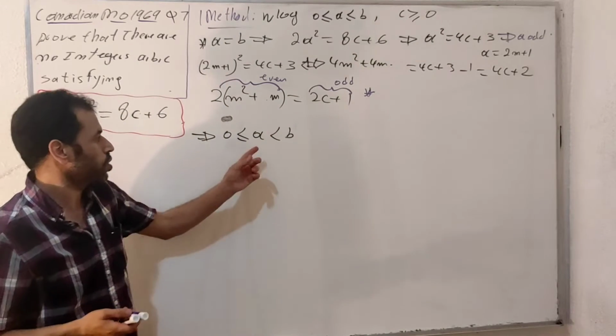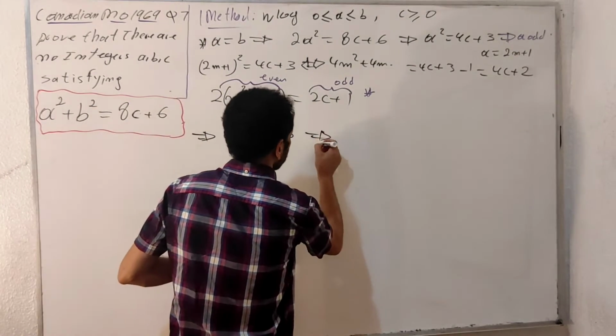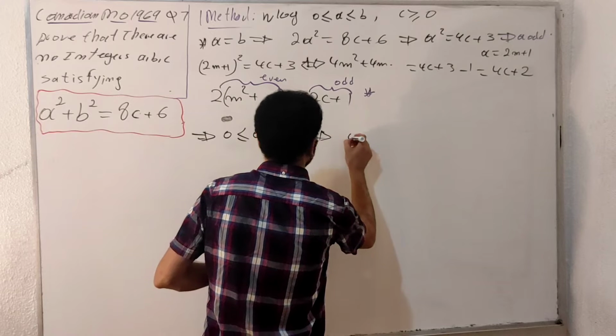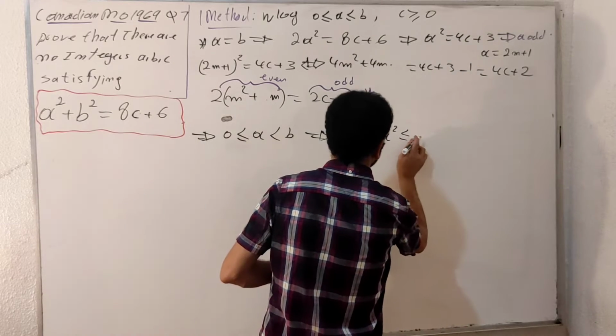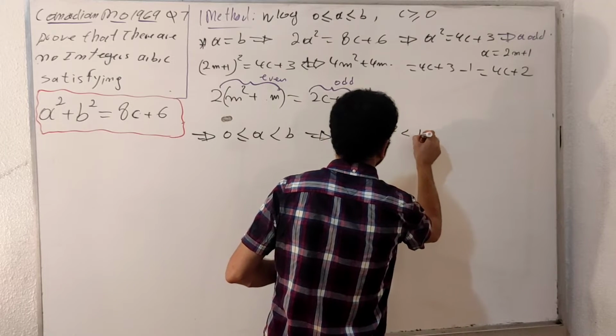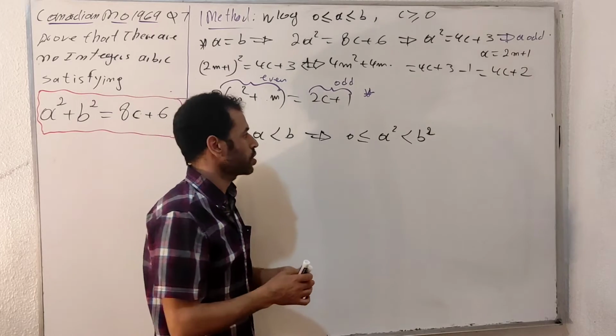Then I'm going to square both sides. I will get a squared is less than or equal to a squared, which is strictly less than b squared. Then I'm going to add a squared on both sides.